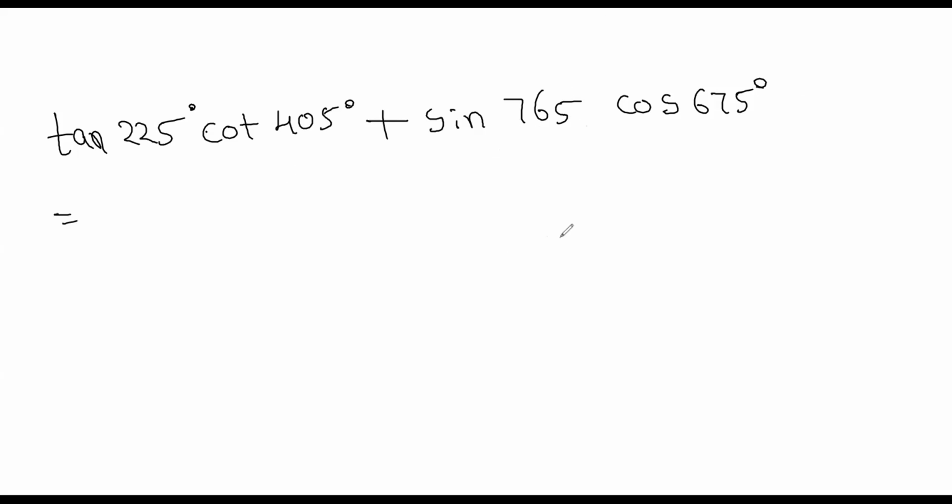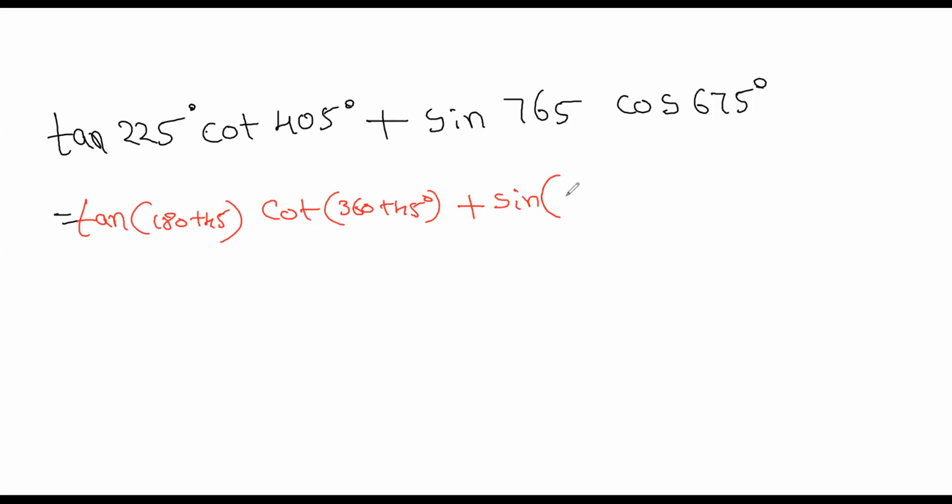So tan 225, I can write it as tan of 180 plus 45. And cot 405 degrees, I can write it as cot of 360 plus 45. And sine 765, I can write it as sine of 720 plus 45.